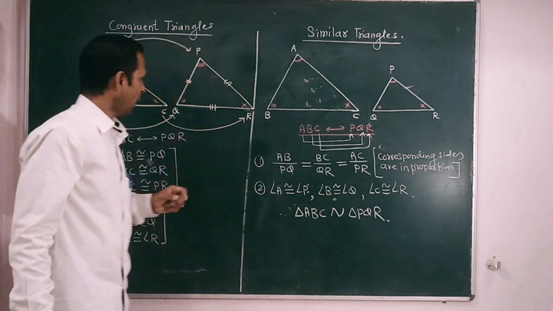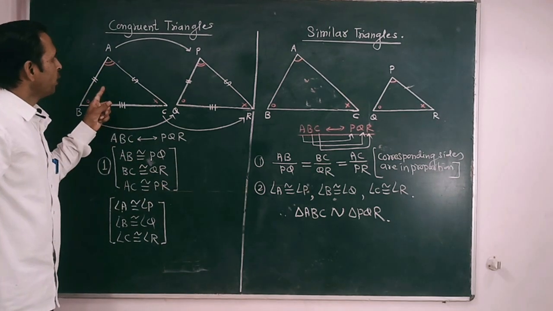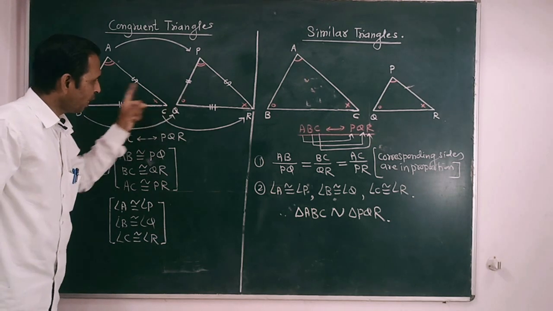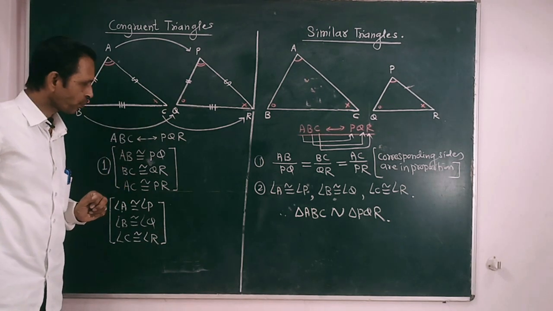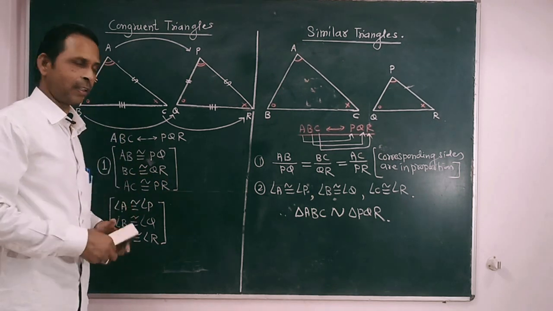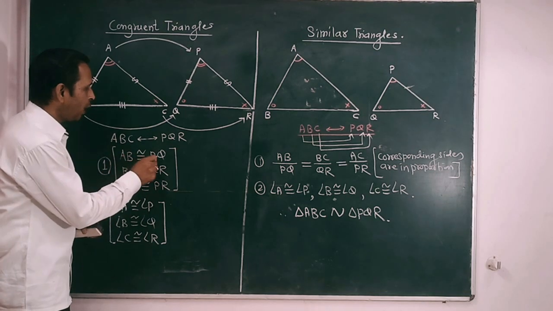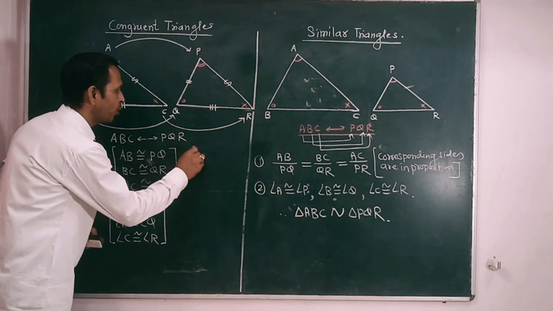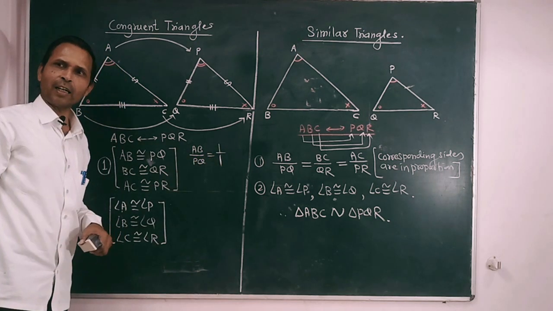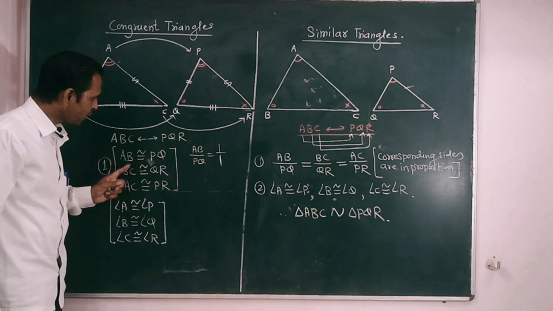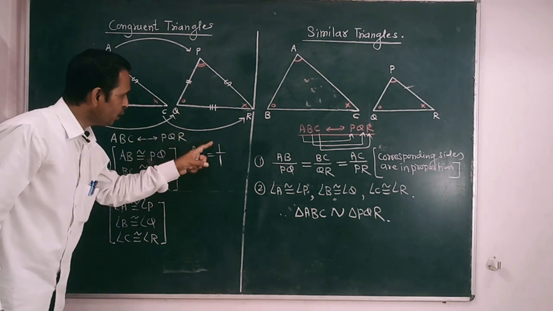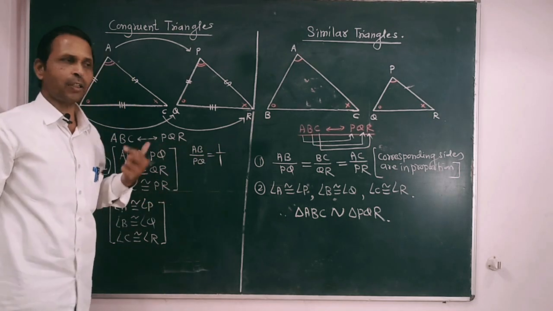Now the question is: these are congruent triangles. Can we say that these congruent triangles are similar triangles? Yes, congruent triangles are also similar triangles. Why? Because if we take the ratio AB upon PQ, this ratio is 1:1 because the sides are congruent, and so the ratio of all corresponding sides in congruent triangles is 1:1, and hence the ratios are equal.